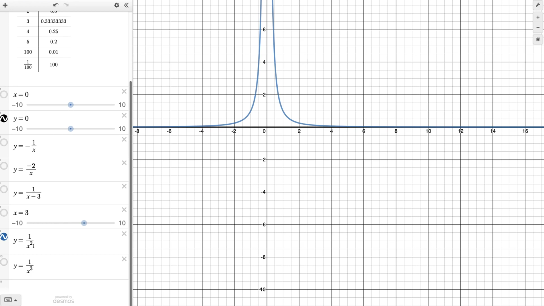You've still got the vertical asymptote being x equals 0, as you can see, even for this one. Yeah, what's the domain of 1 over x squared? All values of x except 0. Yep. You have problems when x is approaching 0. You're taking a number that's really close to 0 and dividing it into 1. This is where you get the, in this case, skyrocketing behavior because all the numbers are positive here.